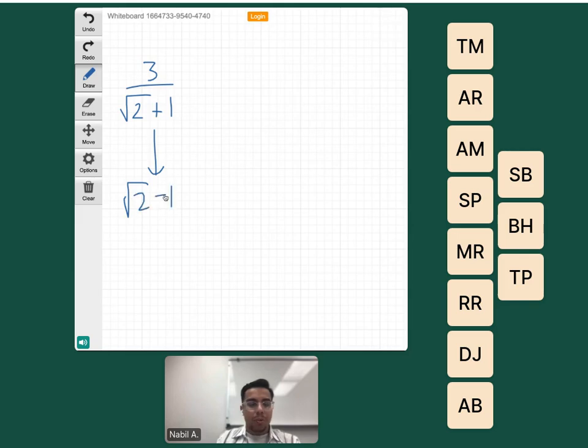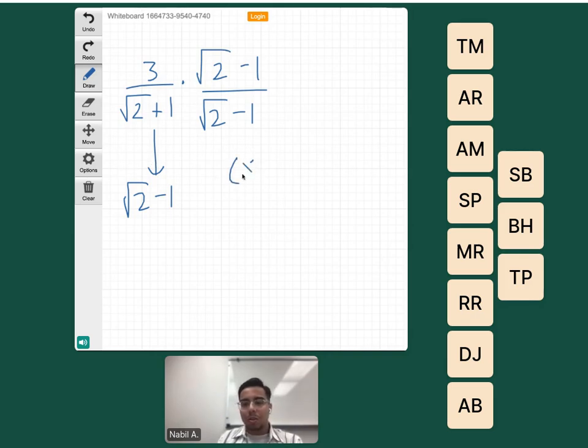Basically, you would need to flip the operation sign of whatever's in the denominator. So if we're adding here, we have to subtract. Essentially, do this. Now, why would we do this? Well, this is based off of the principle of difference of perfect squares.